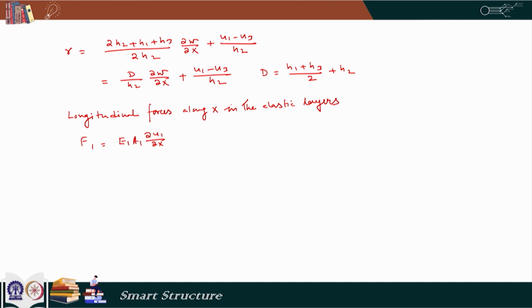If I multiply that with the corresponding Young's modulus, that gives me stress, and A1 is the cross sectional area of the first layer, the top elastic layer.